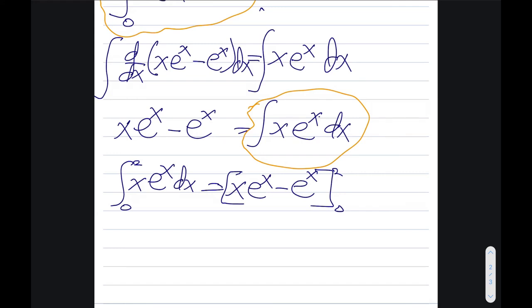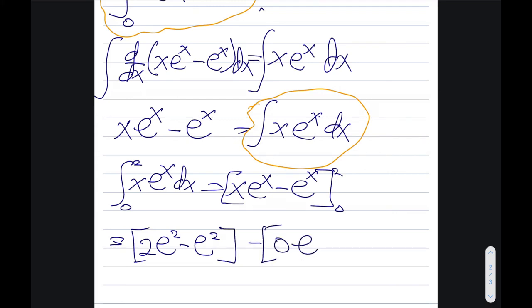So let's do that. Now, using 2, we have 2e^2 minus e^2, okay? Then using 0, we have 0e^0 minus e^0. Now, be careful. e to the power 0 is 1, okay?